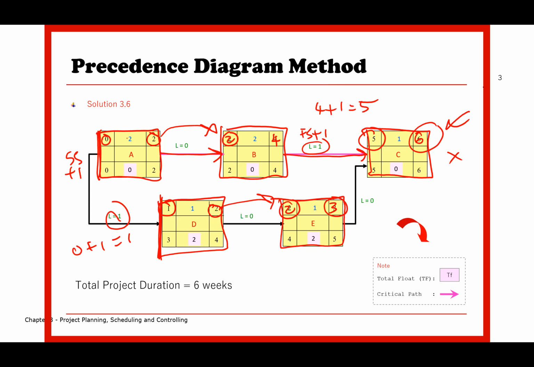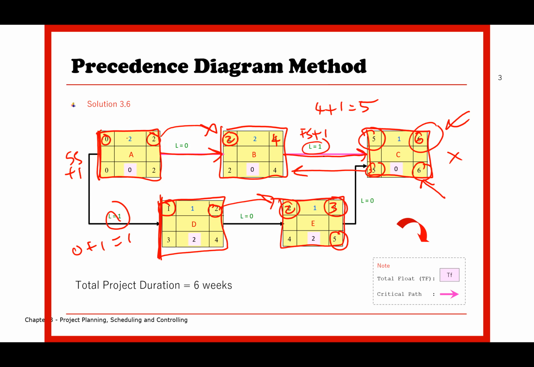Okay, and then 6 here, copy back, 6 here, 6 minus 1 equivalent to 5. Then 5 has to be transferred here, but when you do backward, you also need to minus, because for forward pass, everything is plus, plus, plus. Now, when you do the backward calculation, you need to minus.